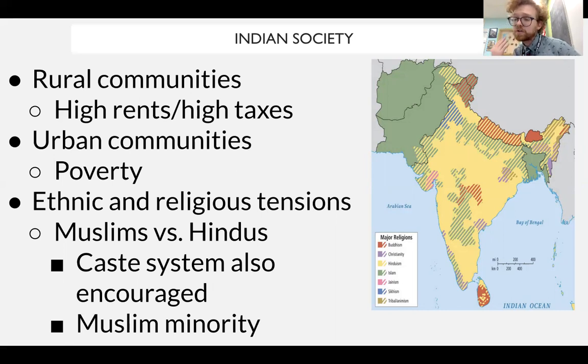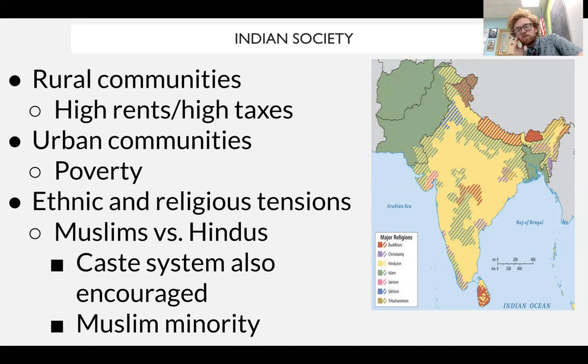We should encourage Indians to be ruled over by Muslims in some parts of India. So we are going to have the British encouraging a class distinction, you could say, between Indians of Hindu persuasion and Muslims in India. So we have this hierarchy that is causing resentment of Muslims by Hindus.